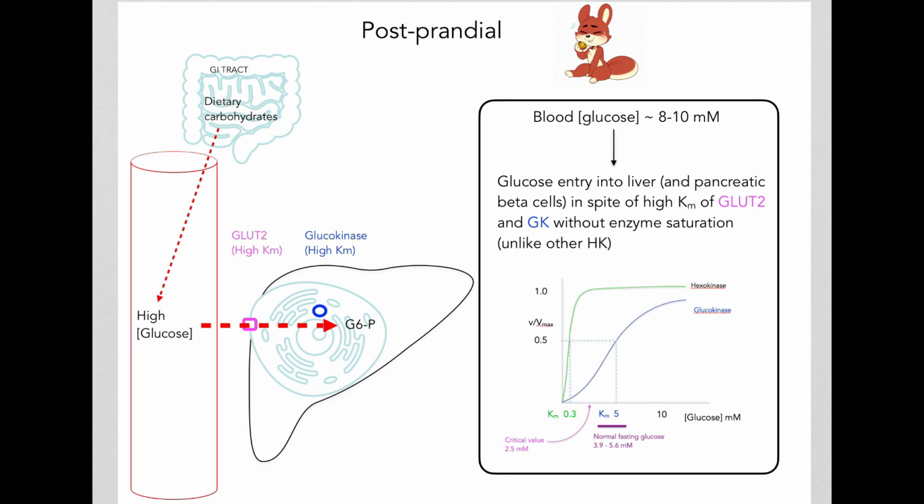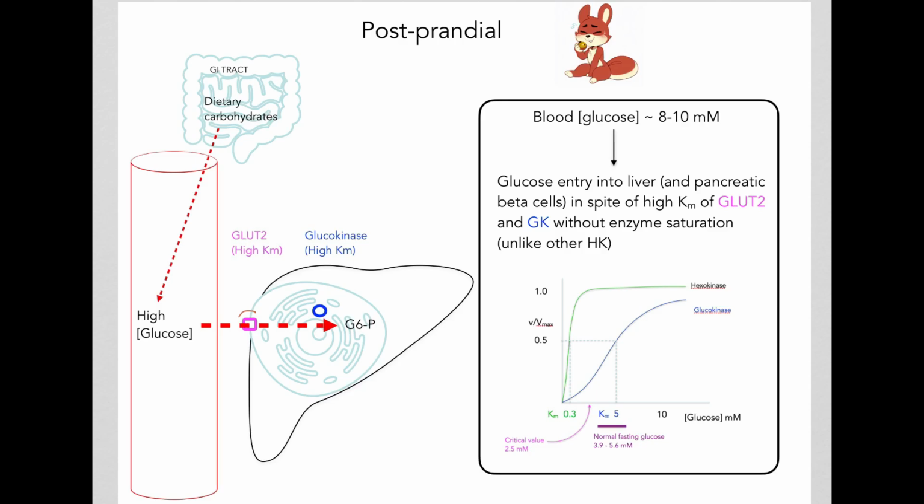So this means after a meal, when the glucose is very high, that glucose will enter not only all the other cells, but also will enter the liver as well as the beta cells in the pancreas, because at this concentration, we can see from the glucokinase curve, it is working quite fast, close to 100% maximum velocity.